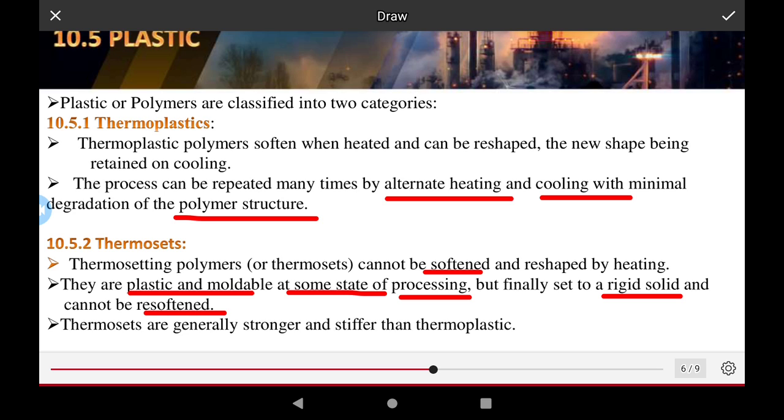Thermoset plastics are generally stronger and stiffer than thermoplastics, and a general application is electrical and electronics insulators and switch boards.